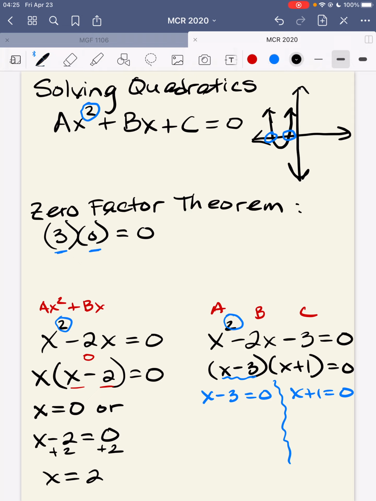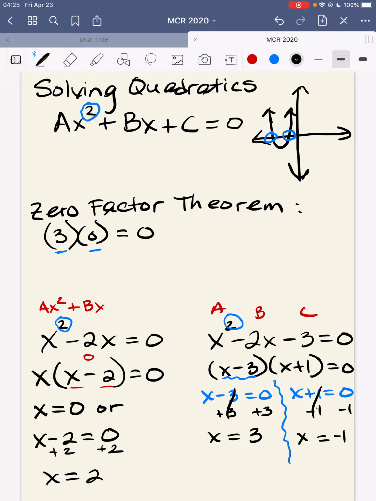That is totally okay. Add 3 to both sides. So x is equal to 3. And that makes sense. 3 minus 3 is equal to 0. Or x plus 1 is equal to 0. So we subtract 1. And so x is going to be equal to -1.